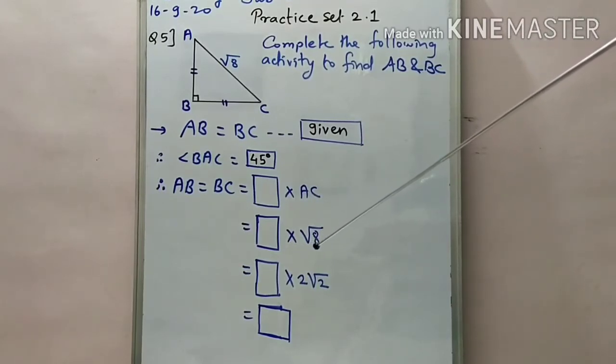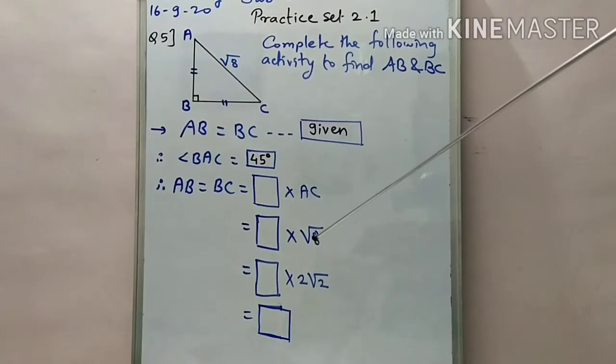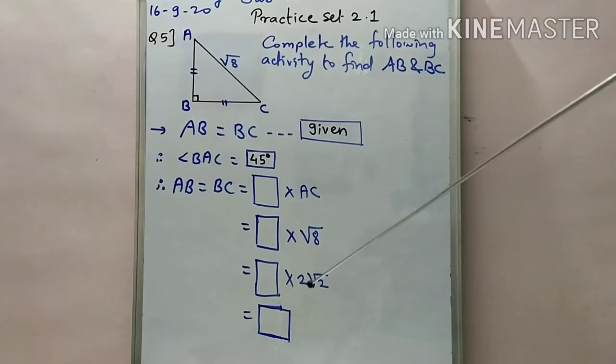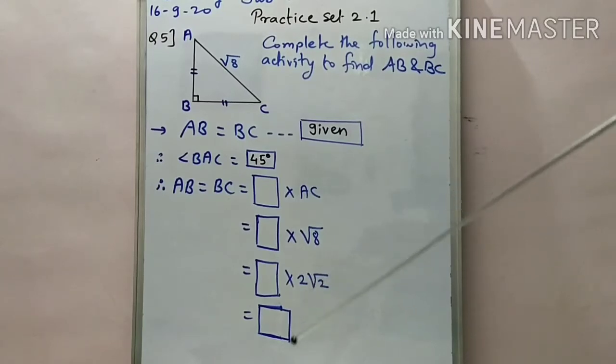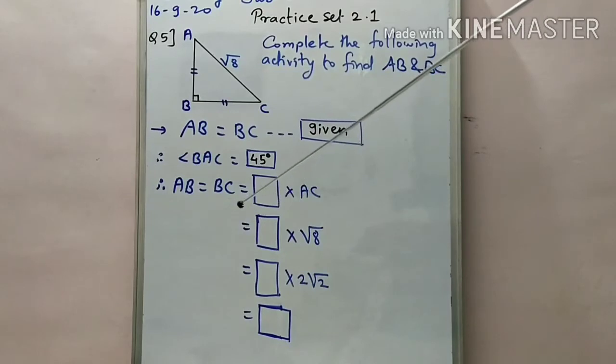Root 8 is factorized as 4 into 2, and hence the simplest form is 2 root 2. As we simplify it, we get the value of AB and BC, which are equal. So solve it, students.